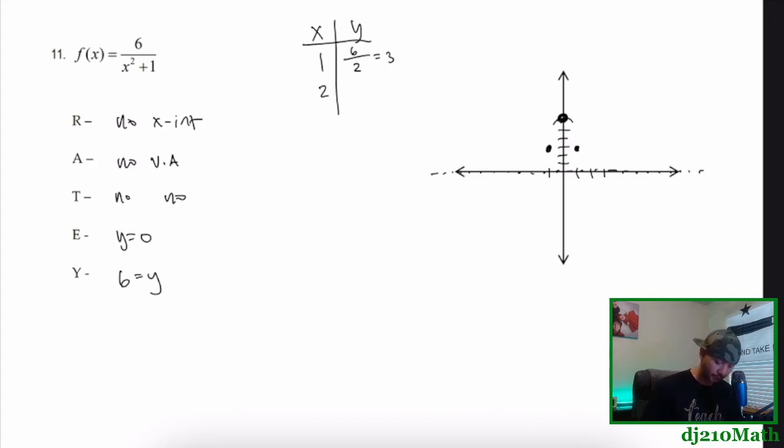Just curious. So this is going to be 6 over 2 squared is 4, plus 1 is 5. So 1 and a fifth, so 1.2. So when x is 2, it's going to be 1.2. All right. So we have an idea of what this is going to look like. Okay. There it is. Hope it helps you out.